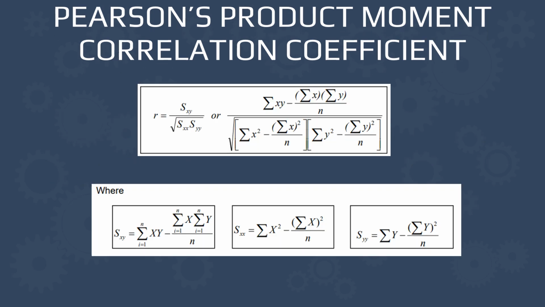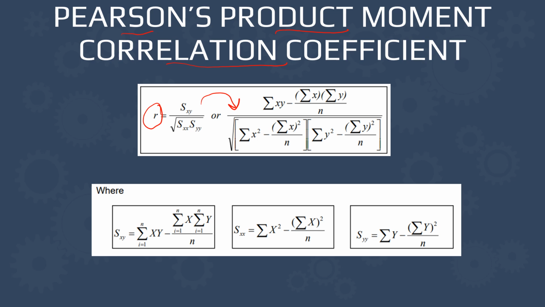This is the formula to compute the Pearson's product moment correlation coefficient. The r is the notation for the Pearson product moment correlation coefficient. The formula is Sxy divided by the square root of Sxx multiplied by Syy, or similarly, we can obtain it by using this expression.